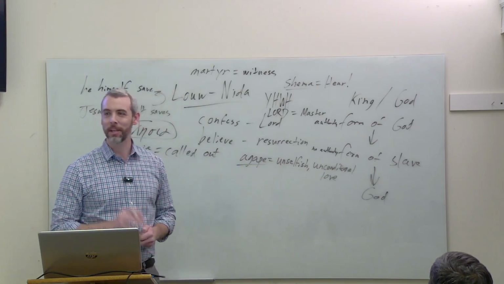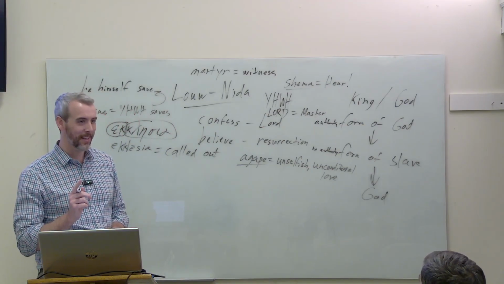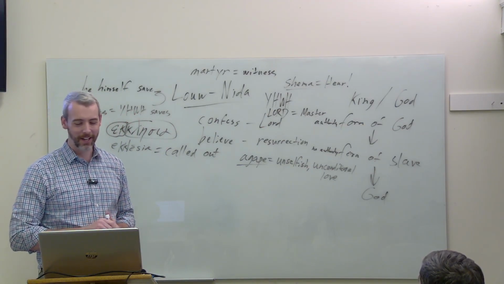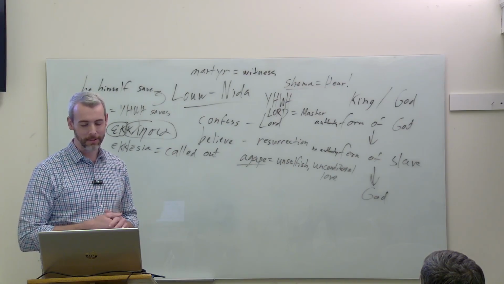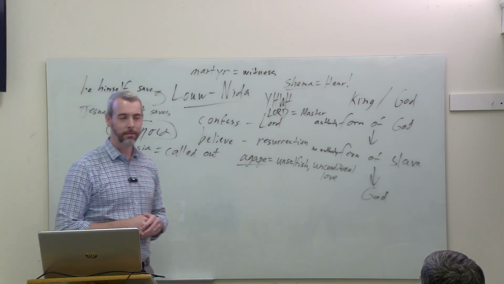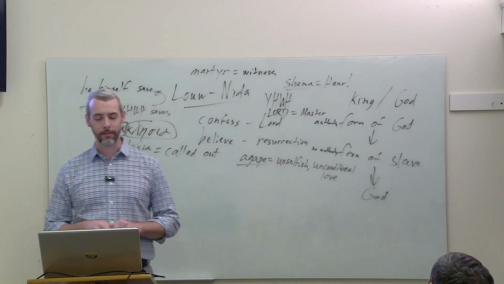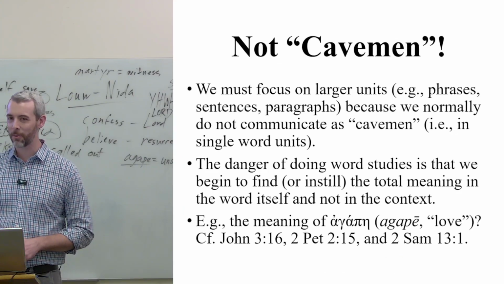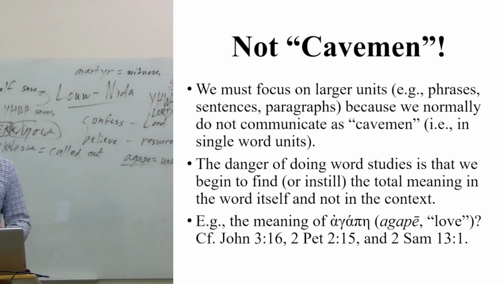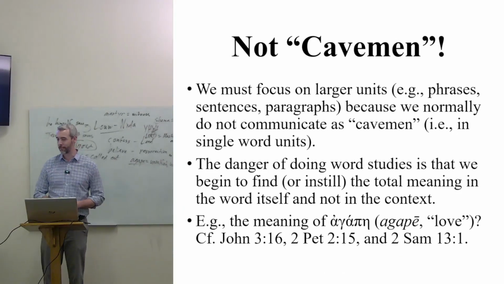Yes, but that doesn't mean every time we see the word, it means that. And for instance, and I think Stephen's probably brought this up in the past, so I'll just hit it quickly, John 3:16 uses the verb form of agape. It says, "For God so loved the world that he gave his only, one and only Son, that whoever believes in him should not perish, but have everlasting life."